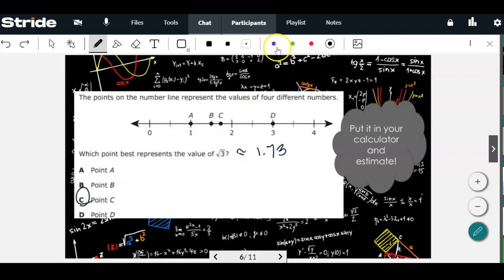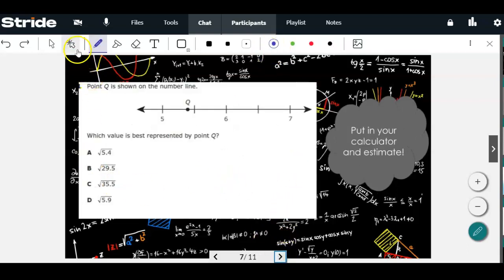All right, next. So here we have a number line and we have a point on the number line, it's Q. Look where it's at, between the integers 5 and 6. Which value is best represented by point Q?